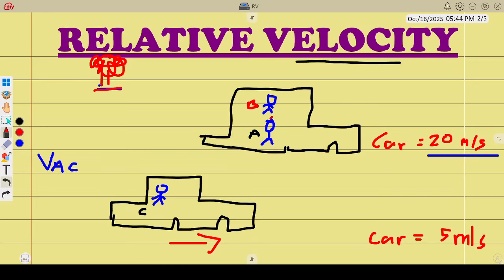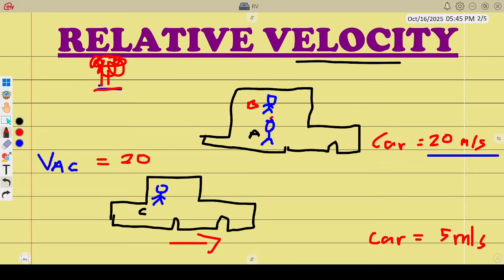So now, the relative velocity of A with respect to C. When A is looking at C, what is the velocity? At this point, we just get to add the velocities. So the relative velocity here, we have 20 meters per second.